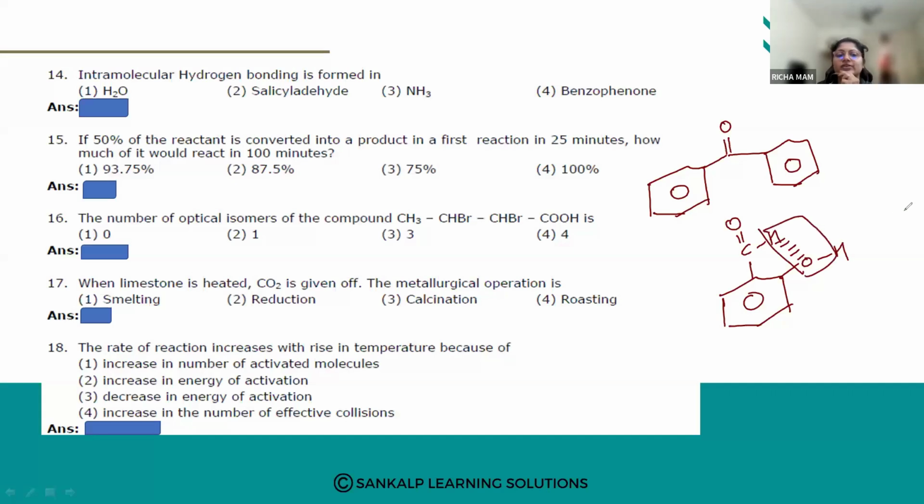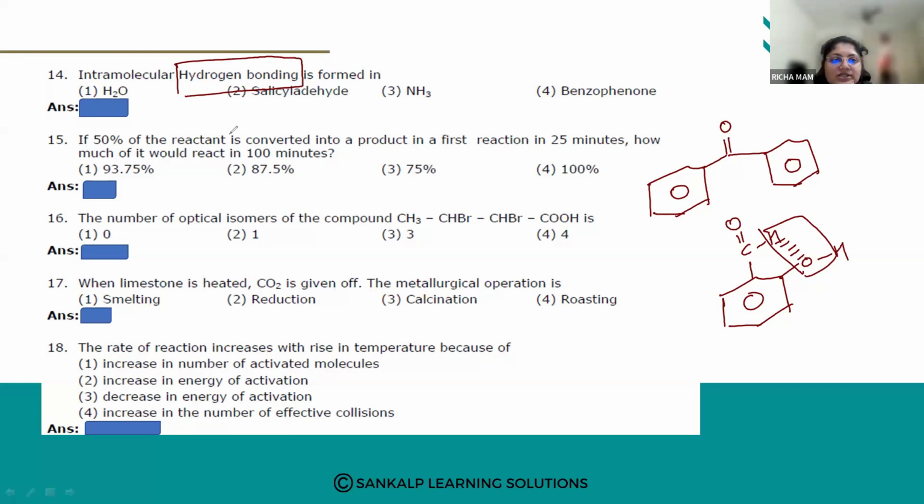So what did we say about hydrogen bonding? It is like a dipole-dipole interaction: a hydrogen atom is attracted to electronegative atoms like nitrogen, oxygen, fluorine. There are two types.